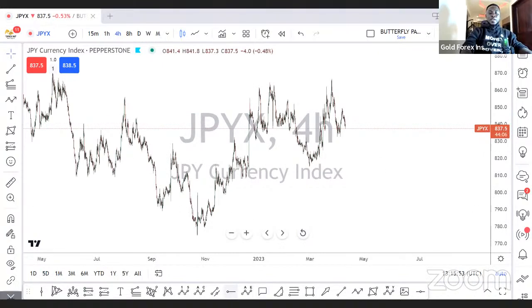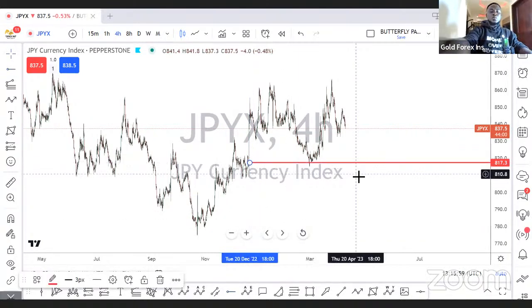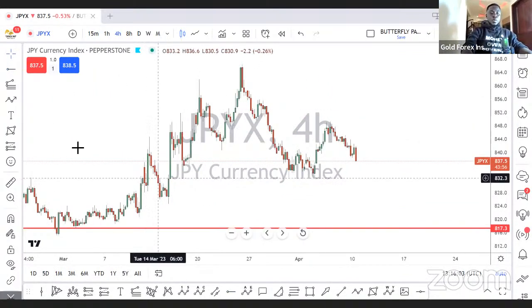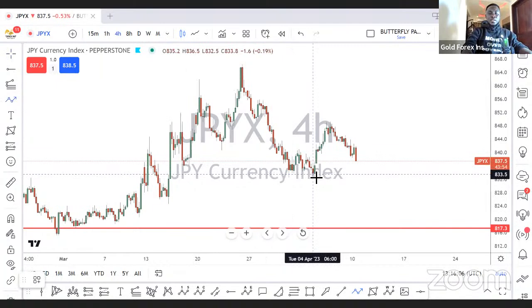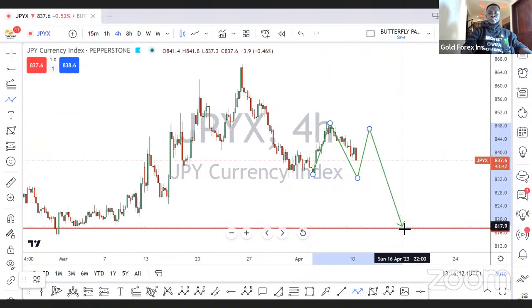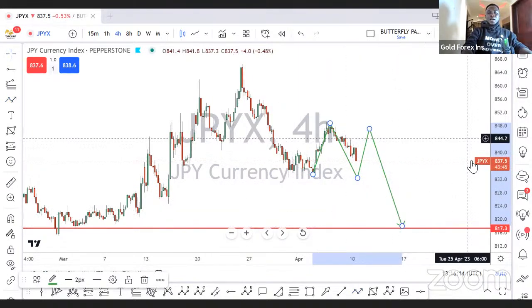Now with JPY index, I want to target this zone. I want to see a sell target this zone. Or we can have something like this. Okay, so any of them can happen.